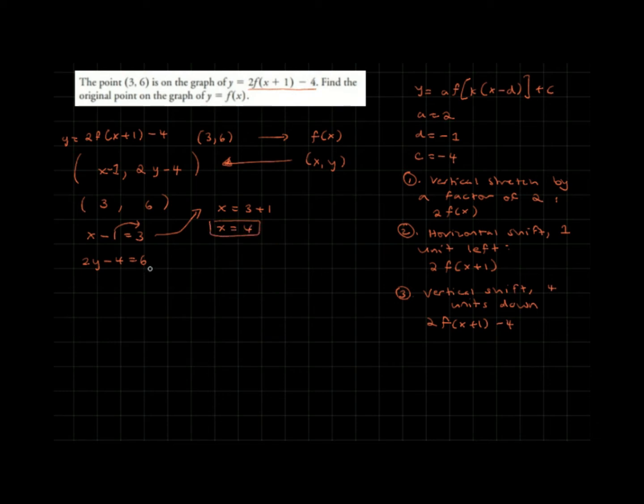And if I'm solving for y, 2y is equal to, I'm going to move the 4 to the other side, 6 plus 4, 2y is equal to 10. If I divide both sides by 2, y is equal to 5. Therefore the original point is going to be 4 and 5 on the function f of x.